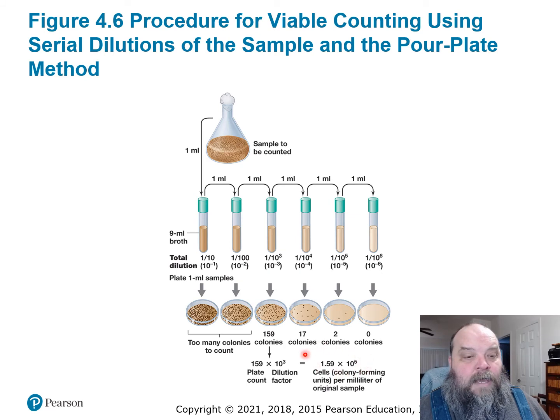I now know that the original here had 1.59 times 10 to the 5th viable cells per ml. Not total, per ml. So if this was, say, 200 mLs total, 200 times that number is how many bacteria there are total.